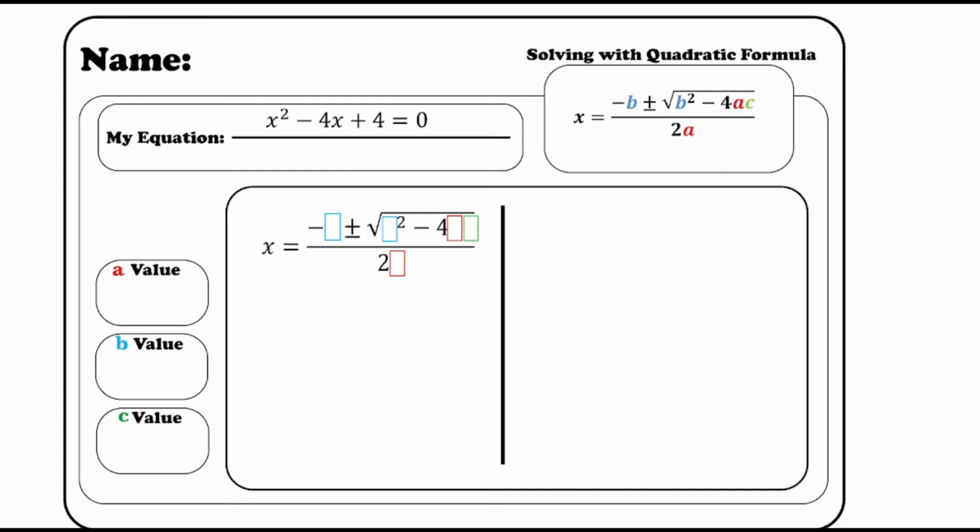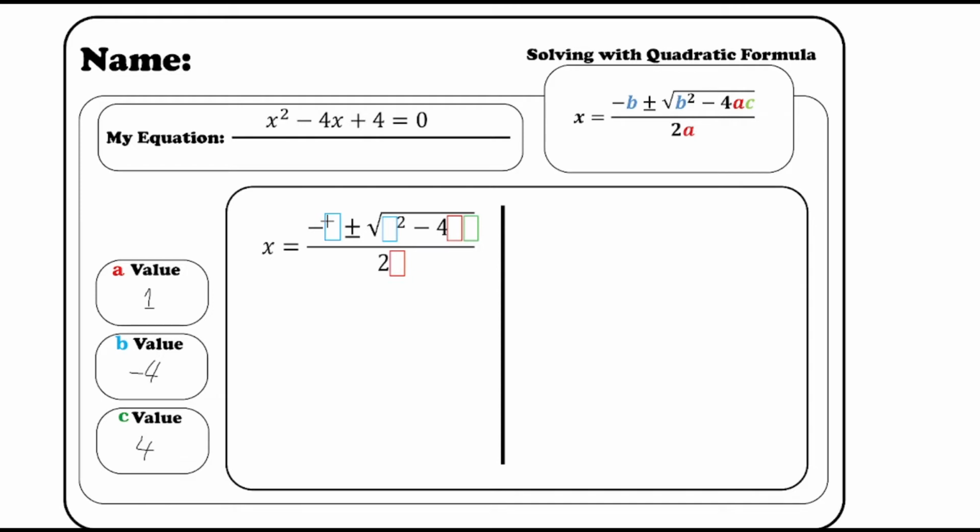So, again, kunin natin yung mga values ng numerical coefficient on the left side. So, yung a value, okay, we have here 1. Then, the b value is negative 4. And then, c value is 4.